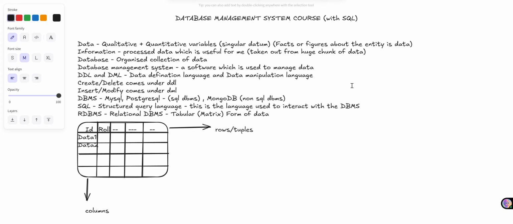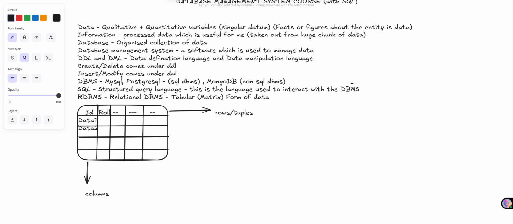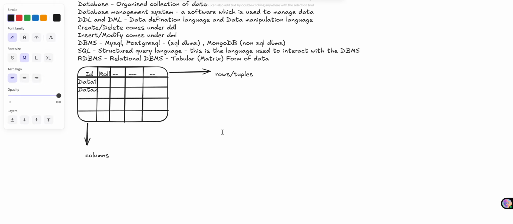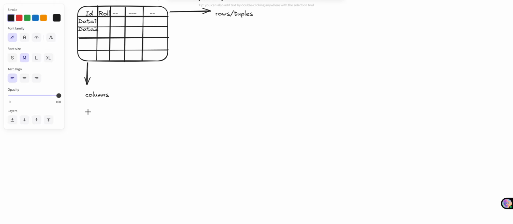Now what is the problem with file systems? As I told you, why you cannot use Excel: because there is a scalability issue, but there are other issues also with Excel. What are those other issues? This can be asked.